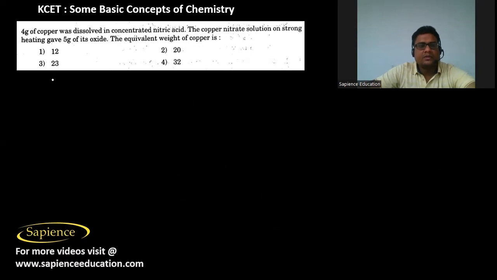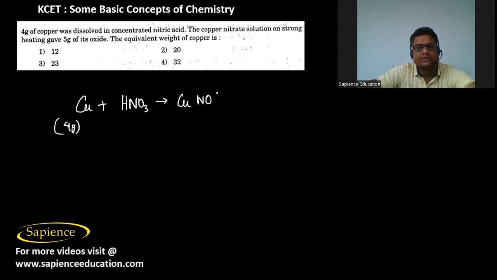Then here it is told 4 gram of copper was dissolved in concentrated nitric acid, and then copper nitrate will be formed, as you know, Cu(NO3)2.